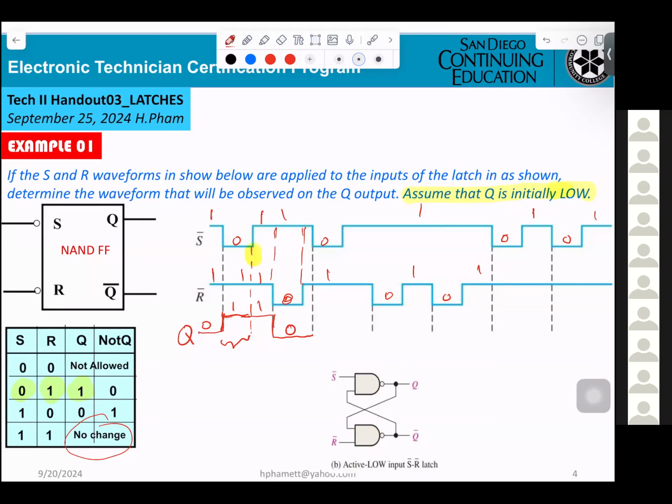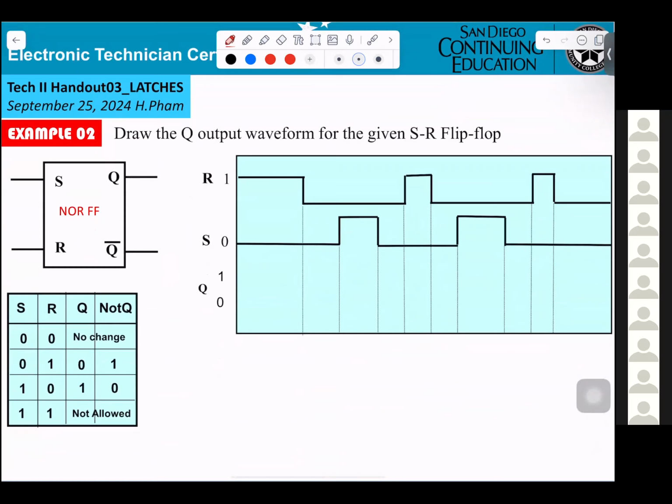Now, that one may be better. You understand, draw the Q output waveform for a given flip-flop. First thing, R is 1 at 0.